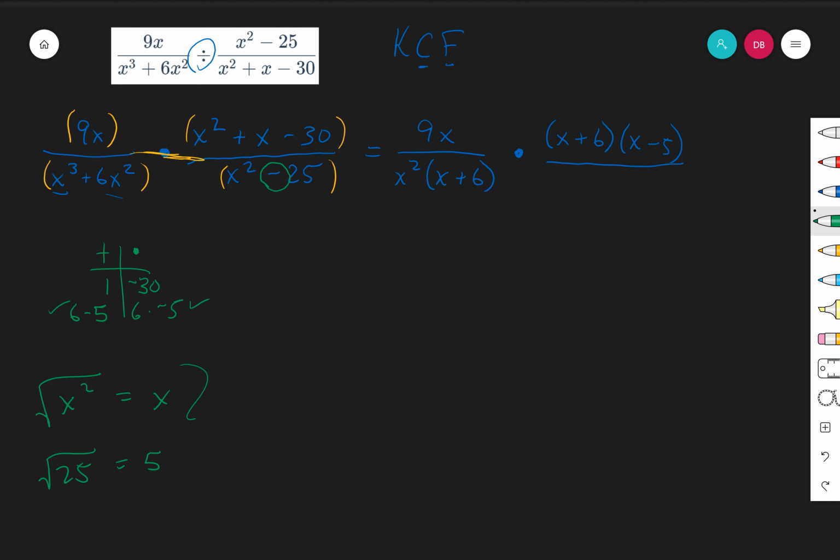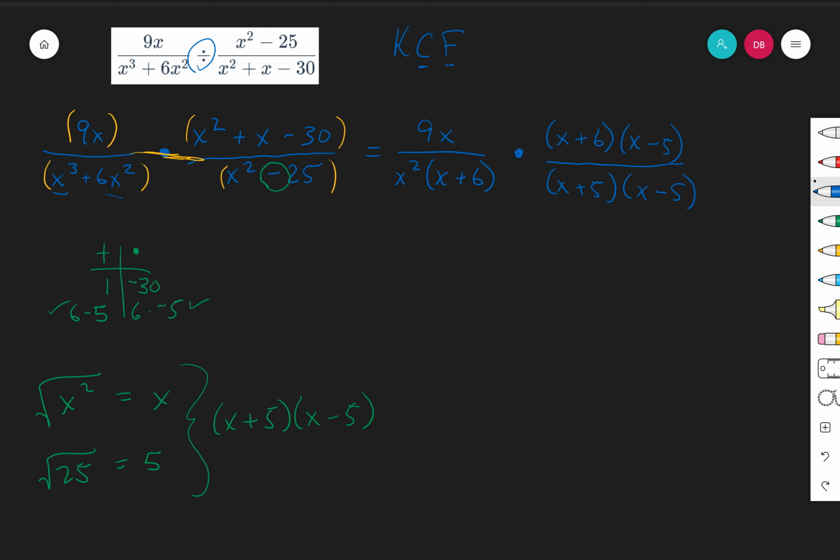And so then we pull those together to get x plus 5 times x minus 5. So that's how that simplifies. And if you don't remember that, go back and watch one of the other videos where I clarified how to do difference of squares. But that's the basic idea. So that factors out to be x plus 5 times x minus 5.